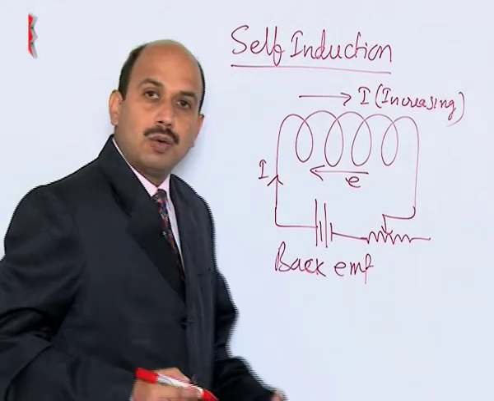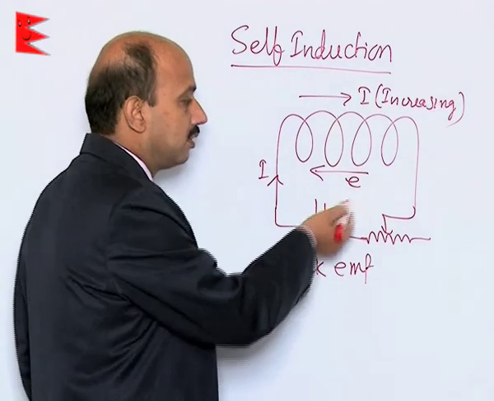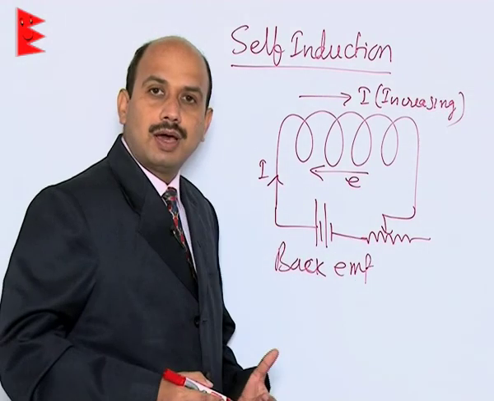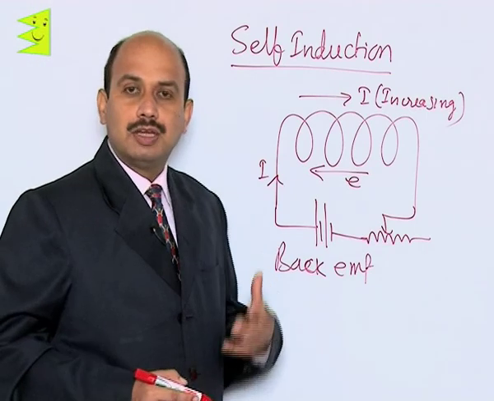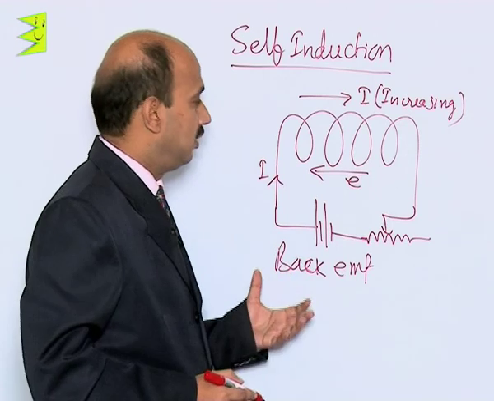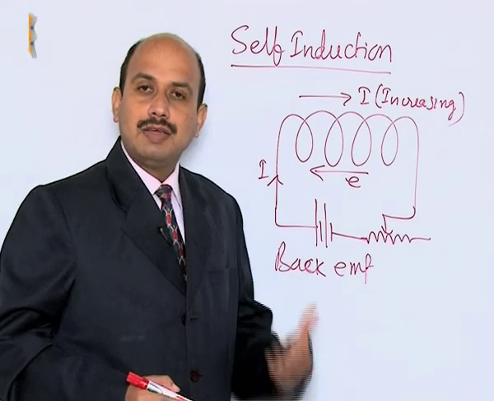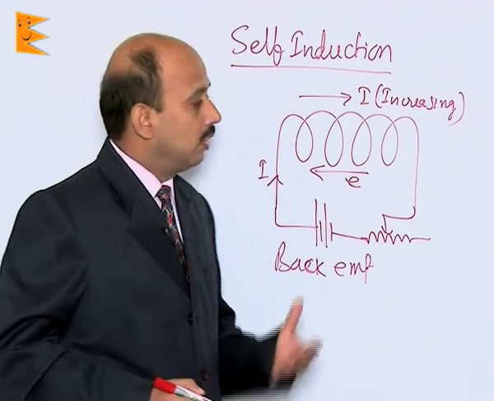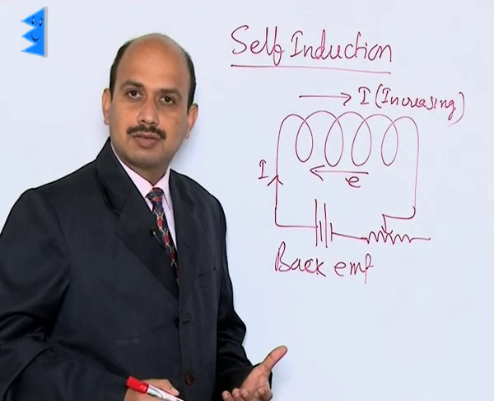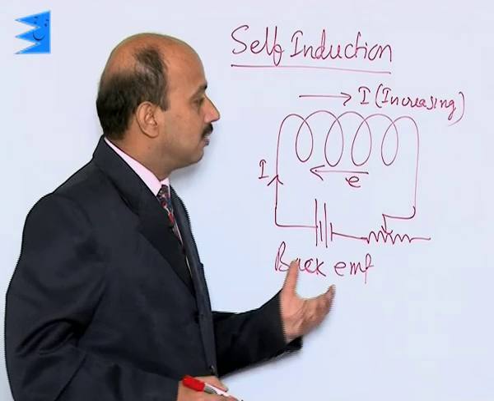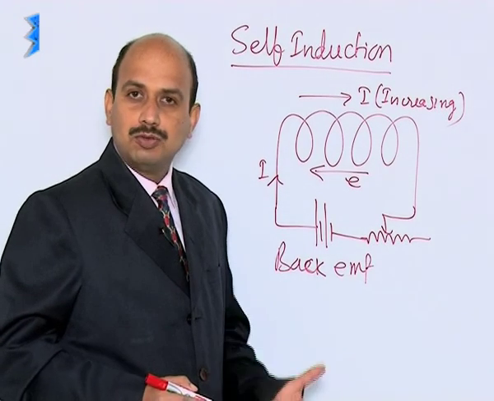And also when you reduce the current in this circuit, EMF is induced in this coil in such a way that it opposes the cause of its production. It means when the current is reduced, magnetic flux reduces, so the induced current is such that it increases the magnetic flux. Because of this, again the back EMF is induced here.